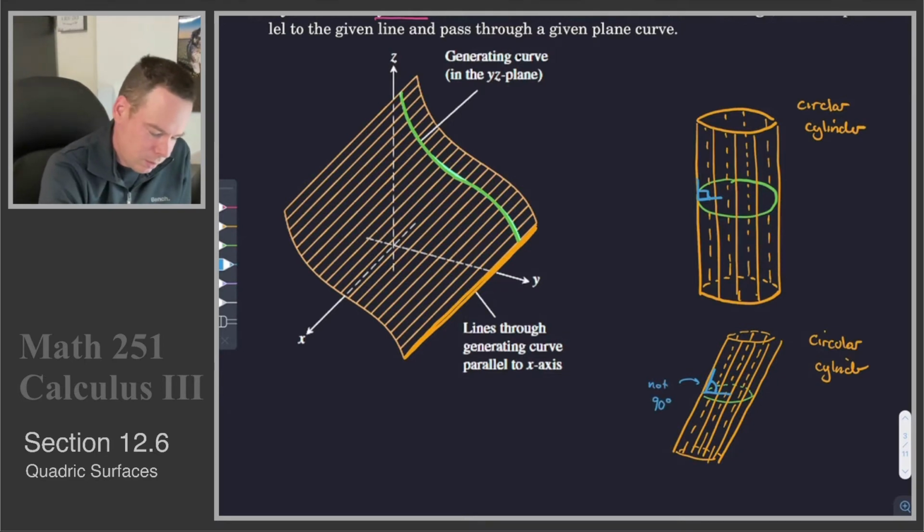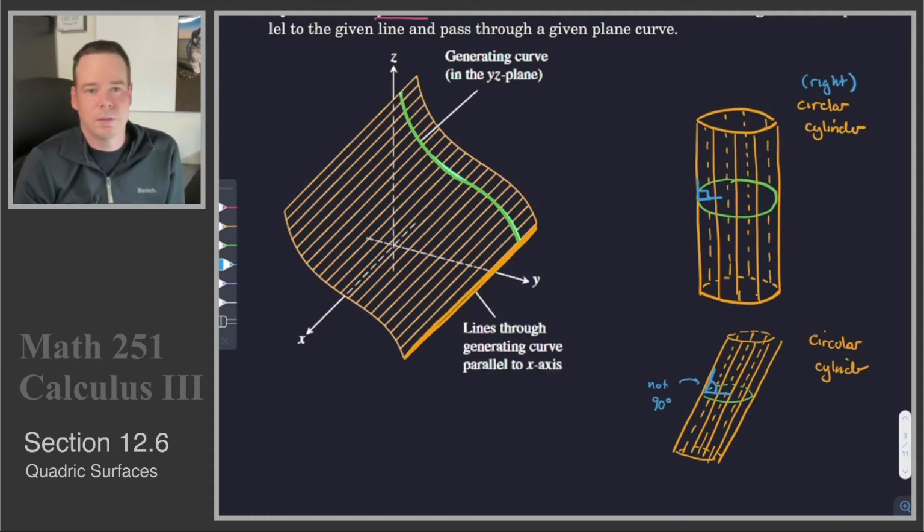And so in this case, the first one, we would call this a right circular cylinder. And so that's the definite name for this cylinder that you're used to just referring to as a cylinder, probably from previous math classes. But the precise name of this cylinder is it's a right circular cylinder. And that's to emphasize the fact that there are many kinds of cylinders out there.